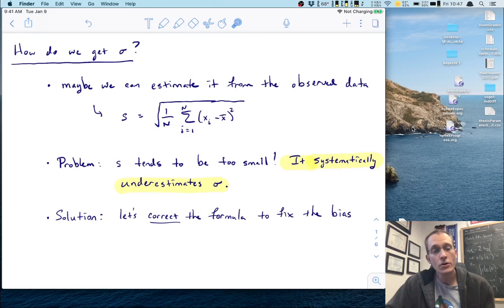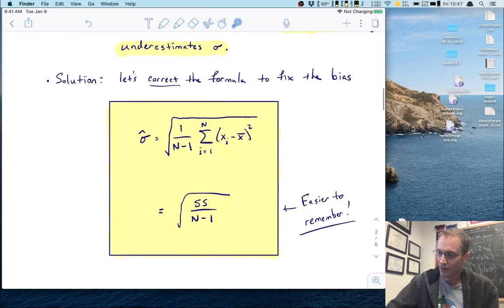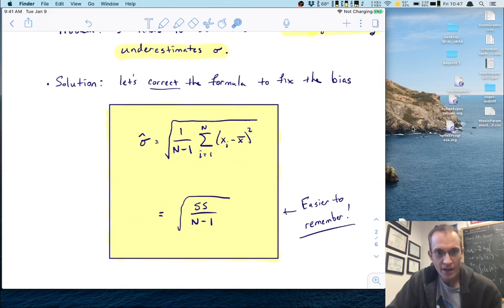So what we need to do, since this is a problem, is we need to correct that formula to fix the bias. So how do we do that? Well, it turns out to be really cool. Here's how we fix it. What we do is we introduce a slightly different formula. We're going to call it sigma hat. So you see that little caret symbol that's sitting above the sigma? That is a hat.